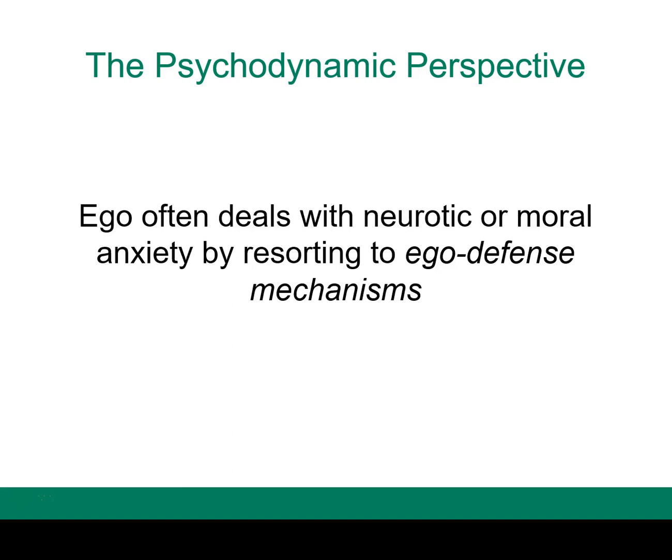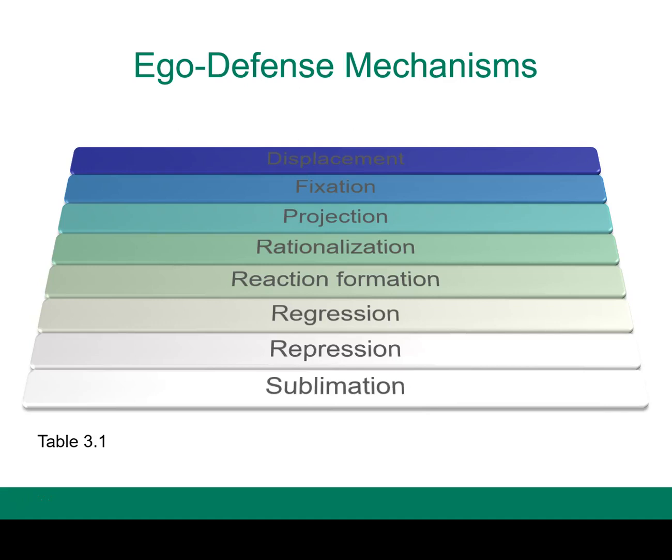The ego often deals with neurotic or moral anxiety by resorting to ego defense mechanisms. So you have the ego in the middle, trying to mediate the immediate needs of the id and the highly moral values of the superego, and it does this through these defense mechanisms.